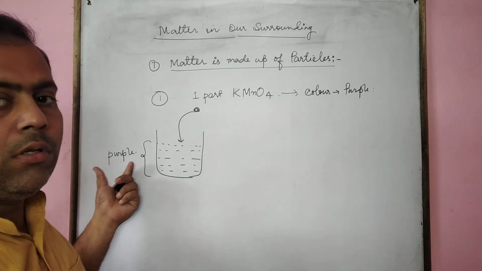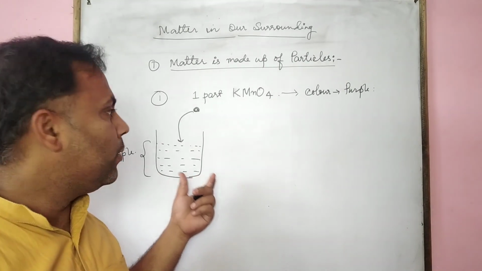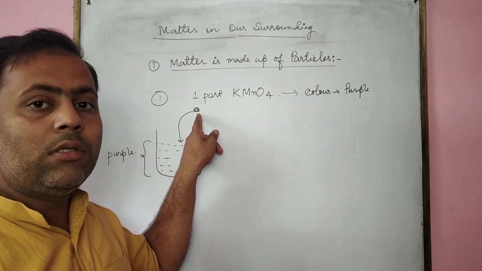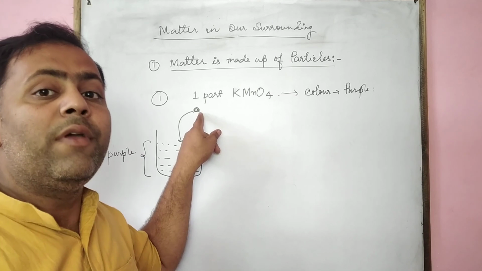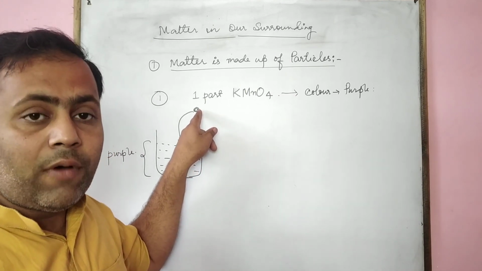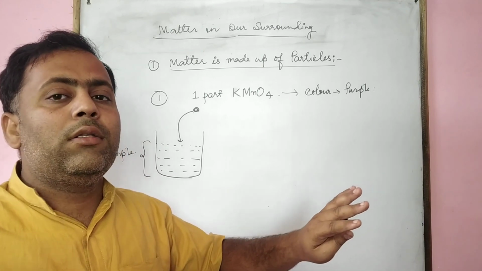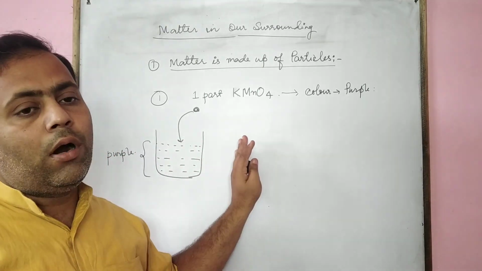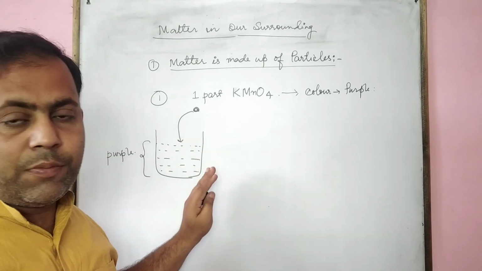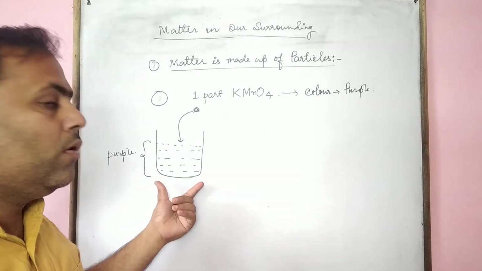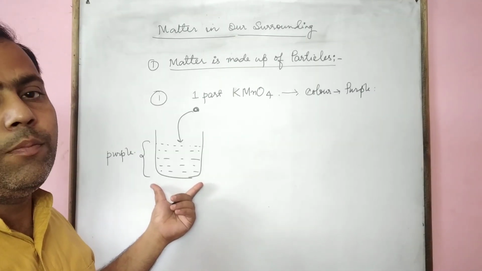It turns purple because this piece is composed of various small particles. When it is dissolved into water, it is broken down into its constituent particles and is spread throughout the solution. When it is spread throughout the solution, that's why the whole solution turns purple.